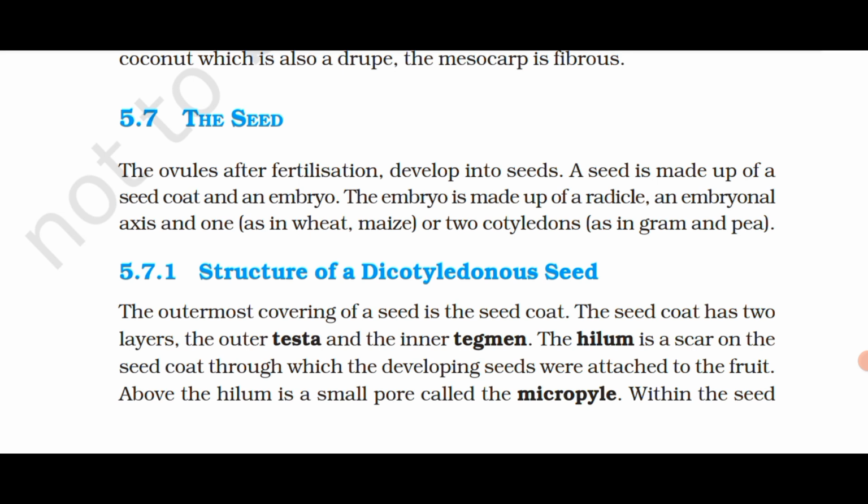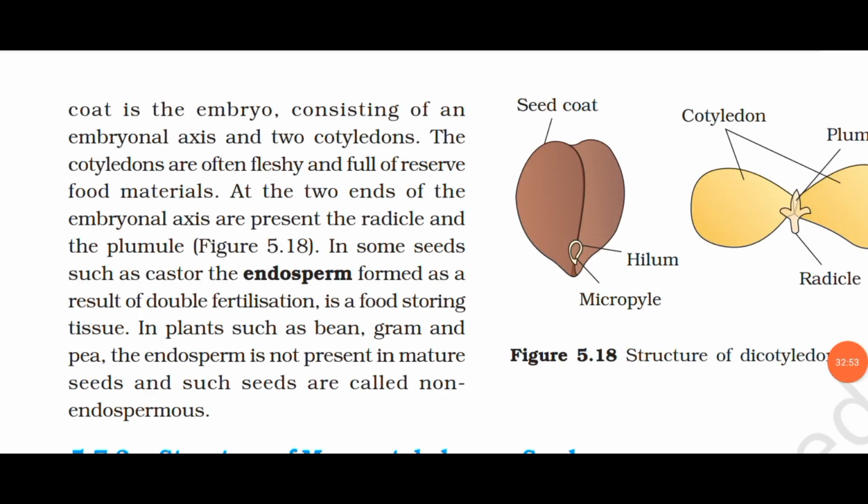Above the hilum is a small pore called the micropyle. Within the seed coat is the embryo, consisting of an embryonal axis and two cotyledons. The cotyledons are often fleshy and full of reserve food materials.